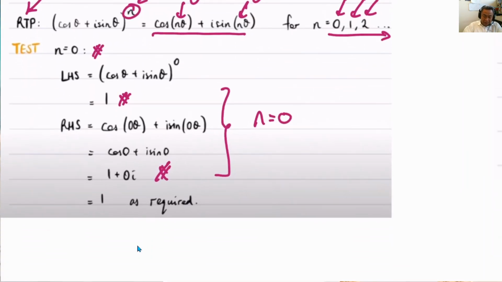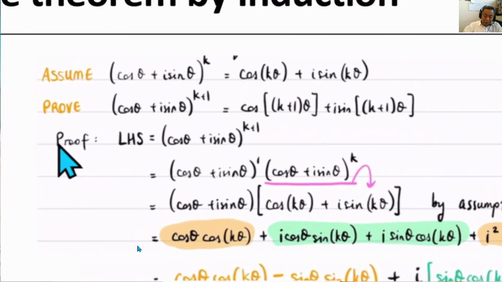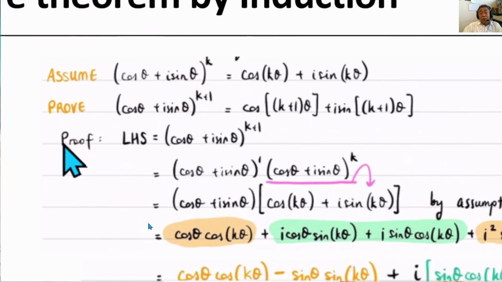So this is easy. And now we want to use induction to prove for different values of positive n. We first assume that this is true: (cosine theta plus i sine theta) to the power k, we just assume that we can simply put the exponent k into the angle for the cosine as well as the sine.